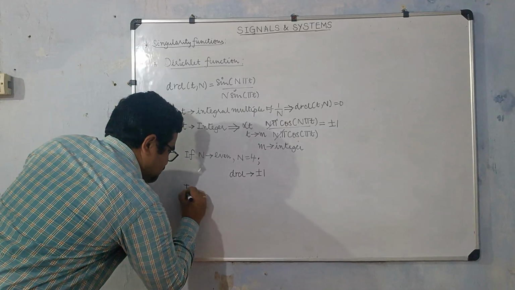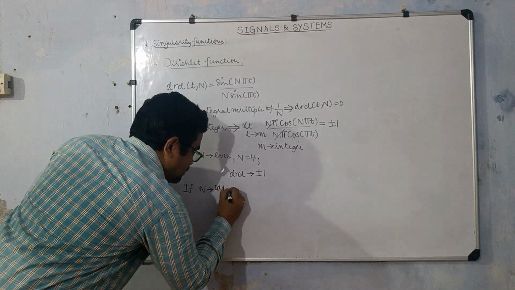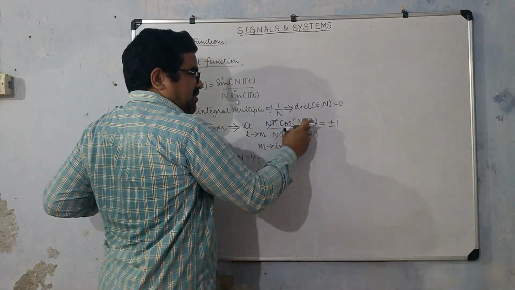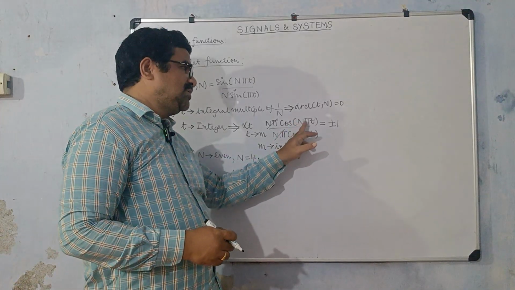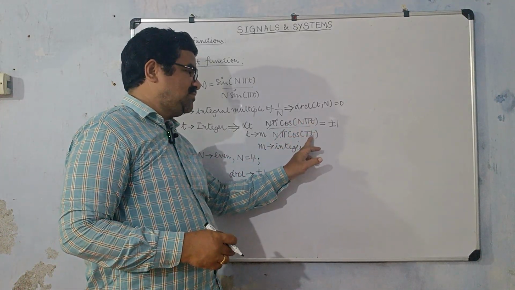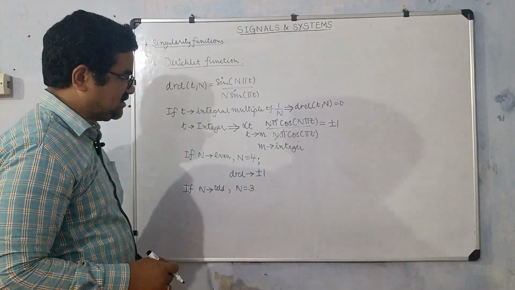If n is odd, let us say n is equal to 3, then cos 3 pi t by cos pi t. Let us say t is equal to 1: cos 3 pi is minus 1, and cos pi is also minus 1. So minus 1 by minus 1 is going to be plus 1.